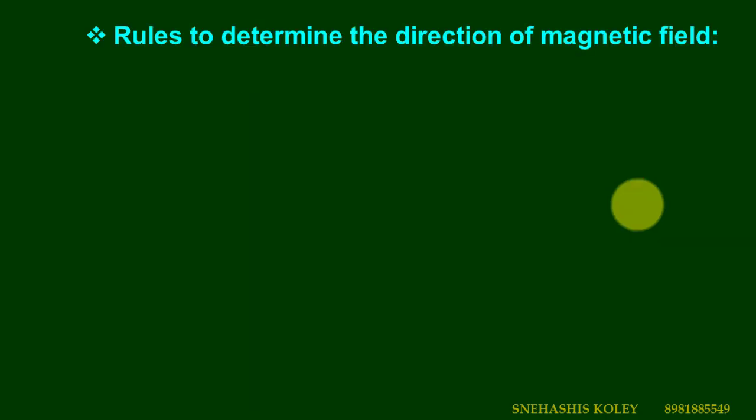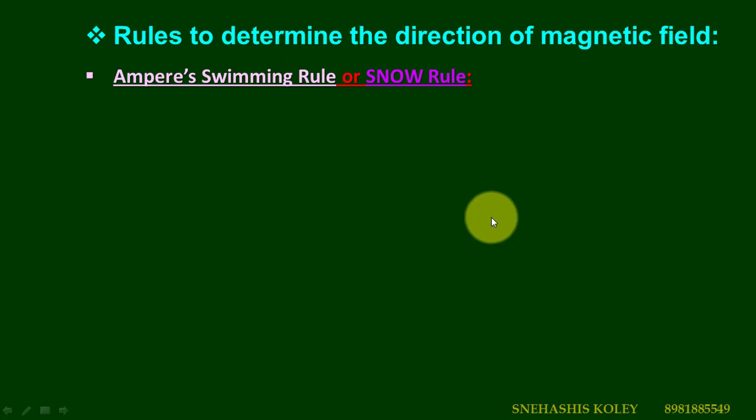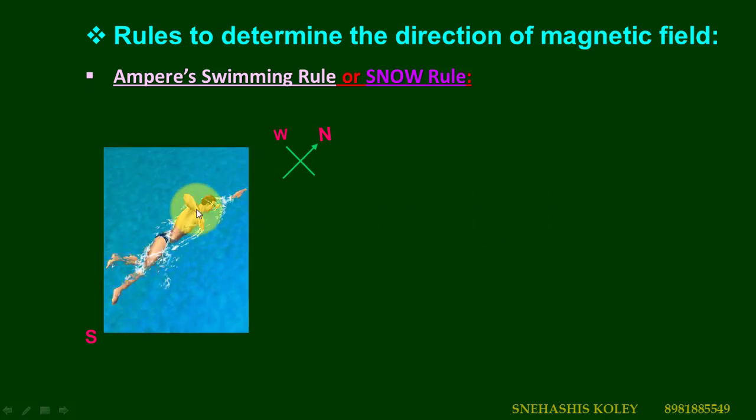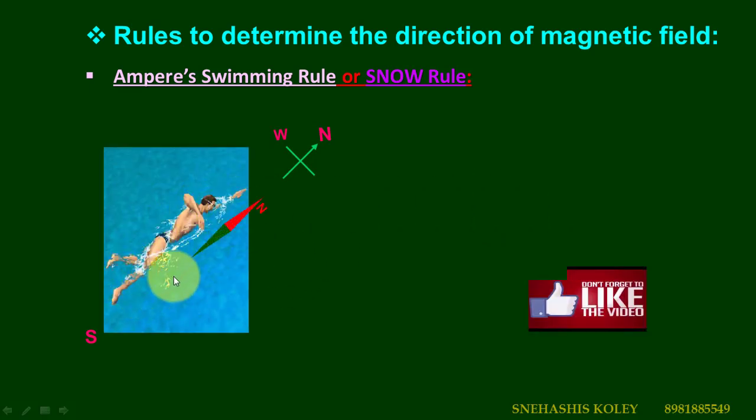Now, this is Ampere's swimming rule, which we use to determine the direction of the deflection of the magnetic needle. As you can see, a swimmer is swimming along a current carrying wire in the direction of the flow of the current.